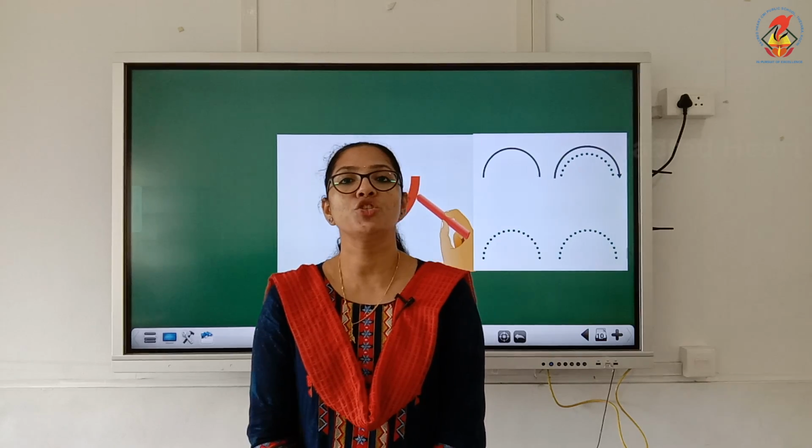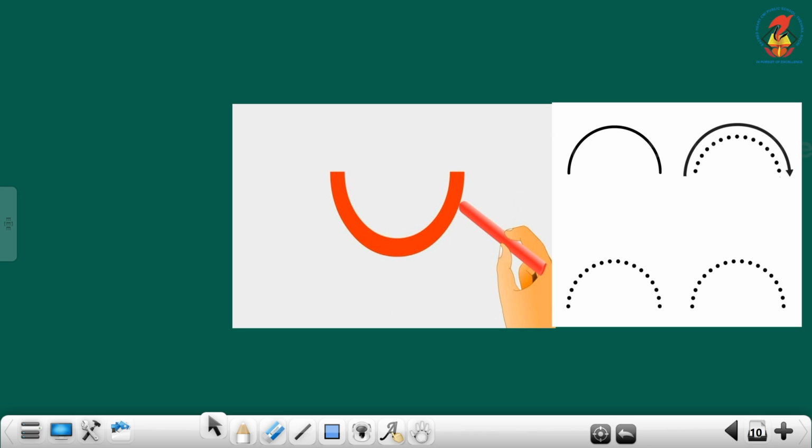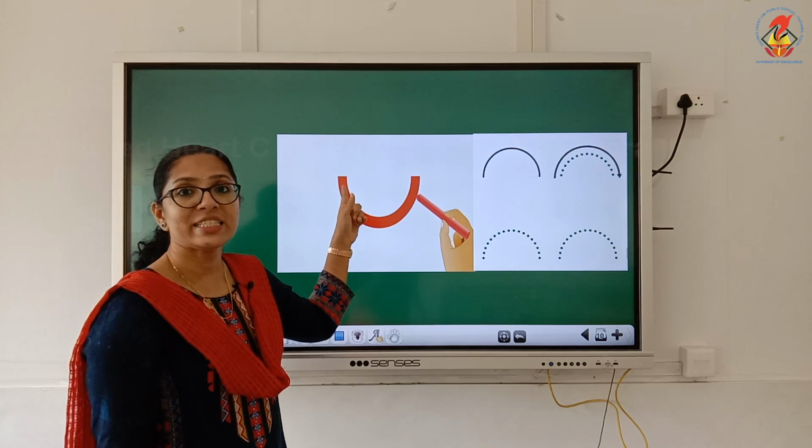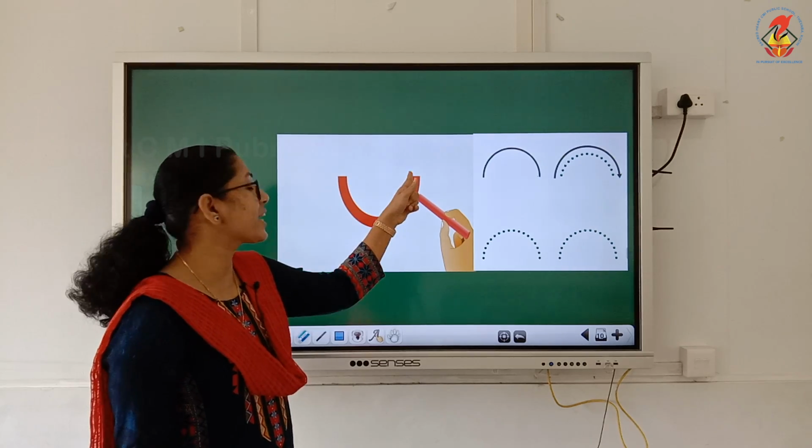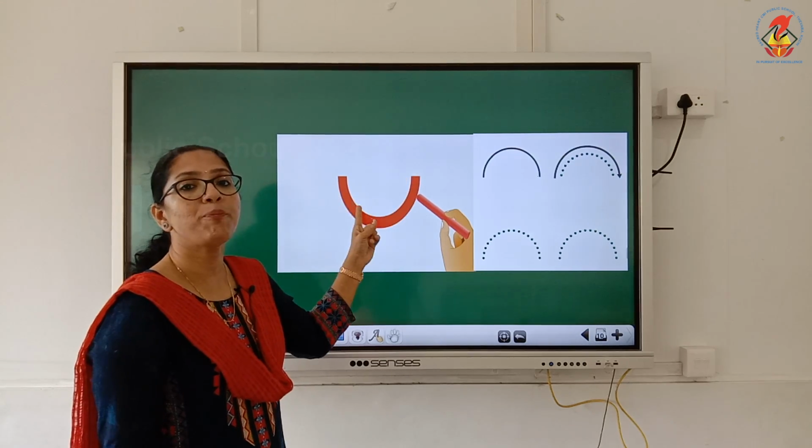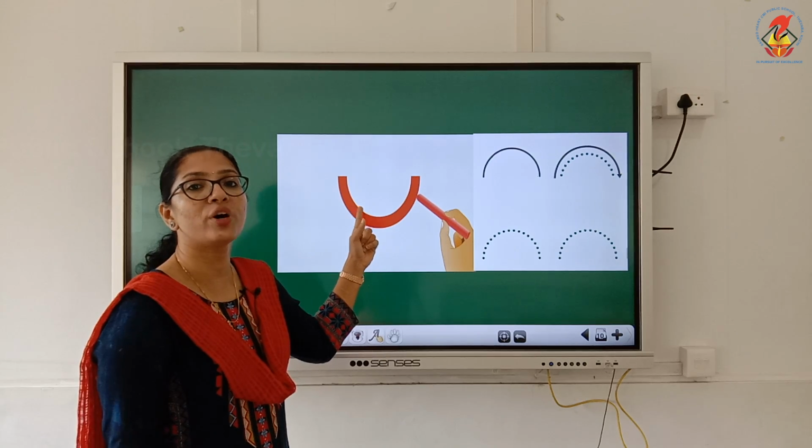Now, children, a curve that turns in the upward direction, it is called upward curve. This is upward curve.